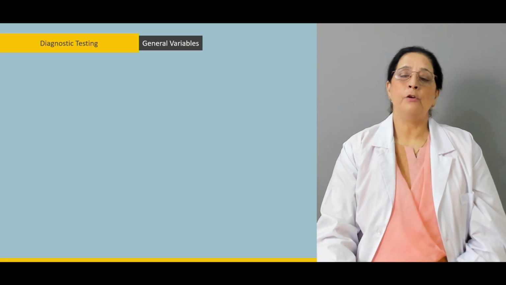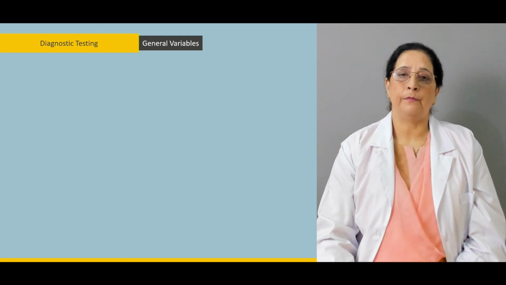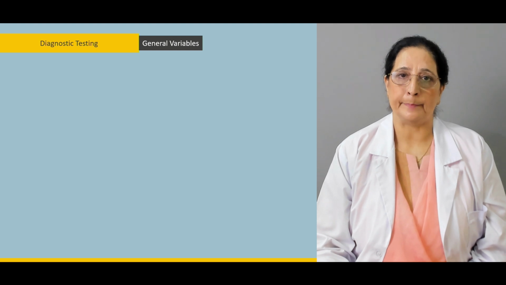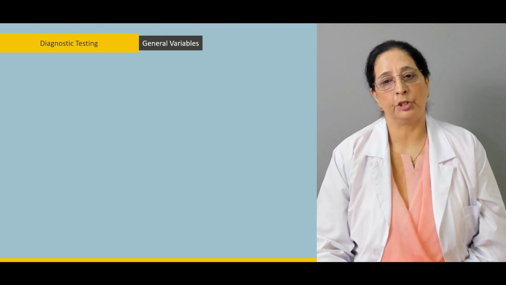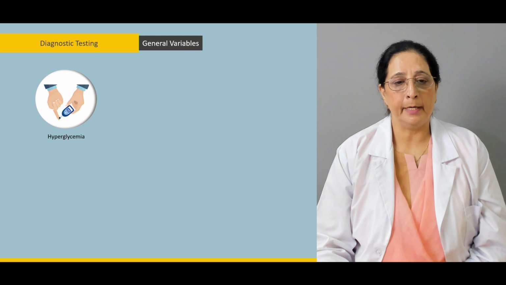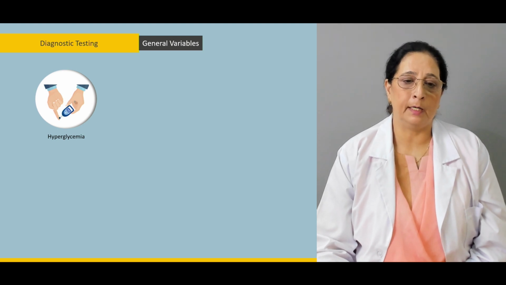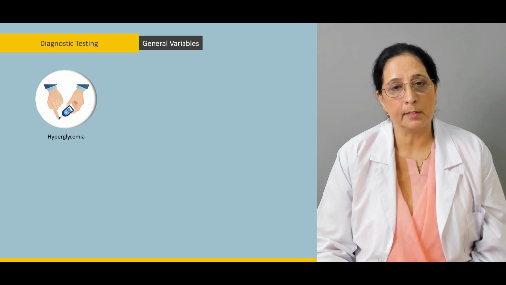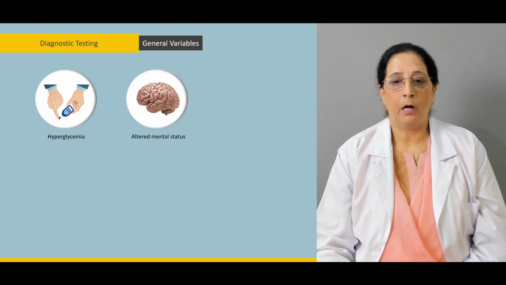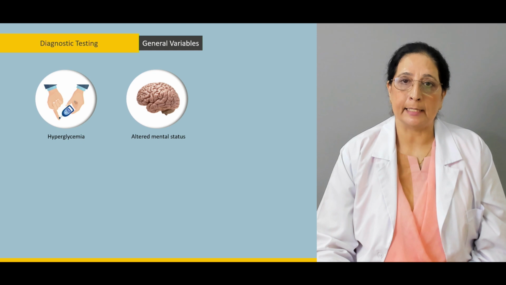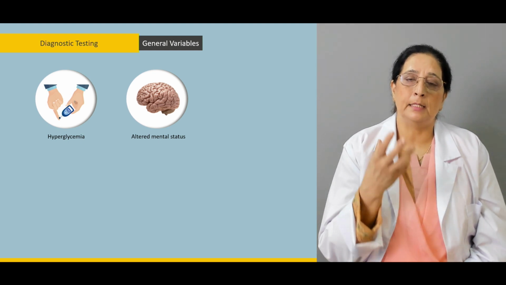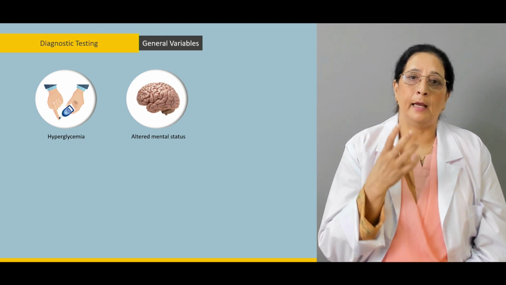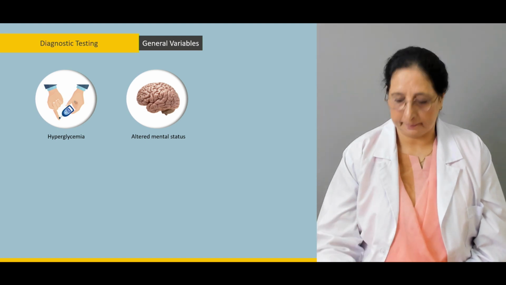Now, some diagnostic testing is done for sepsis and septic shock. The general variables are hyperglycemia, increased blood glucose level, altered mental status. We mentioned that there is brain failure and there is delirium.